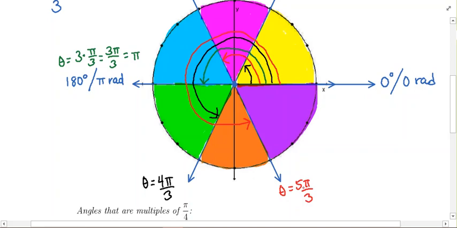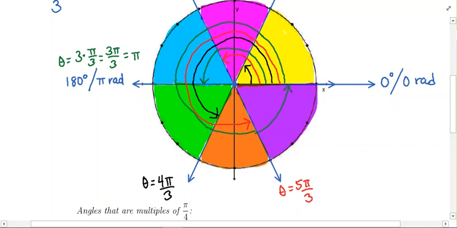And then lastly, again, start in standard position one more time. This is going to be 1 pi over 3, 2 pi over 3, 3 pi over 3, 4 pi over 3, 5 pi over 3.